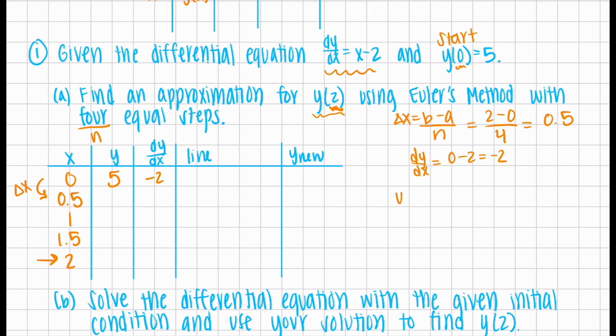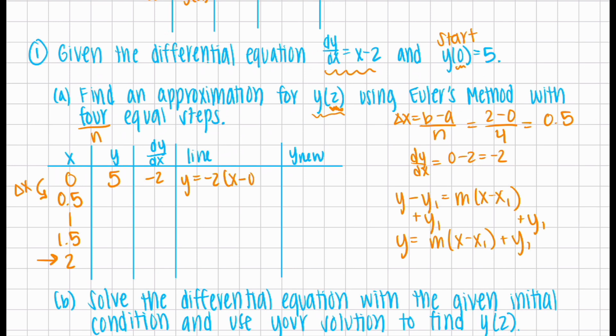I'm going to start with point-slope form, but I'm going to add this y1 over to the other side, so all of my lines are going to be in this form. So when I write the equation of my line, this one is y equals my slope, negative 2, times x minus 0, plus 5.